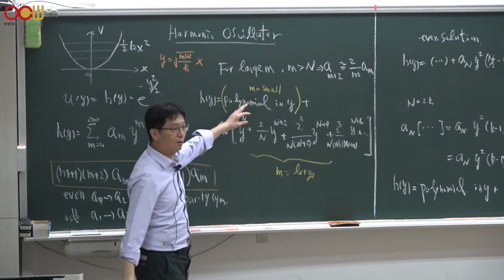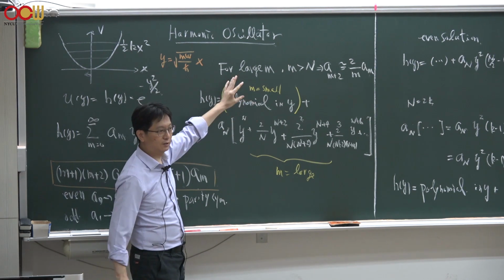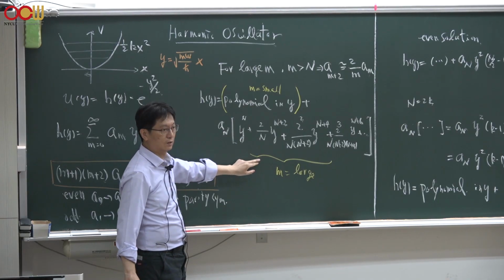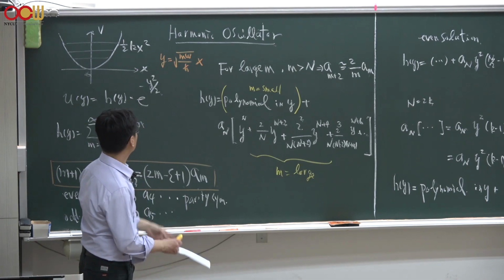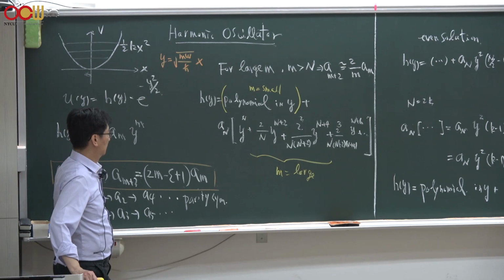When m is small, it's just a finite value, so we don't pay attention to it. We only pay attention to the terms when m is large, because these determine the long distance behavior of the eigenfunction.